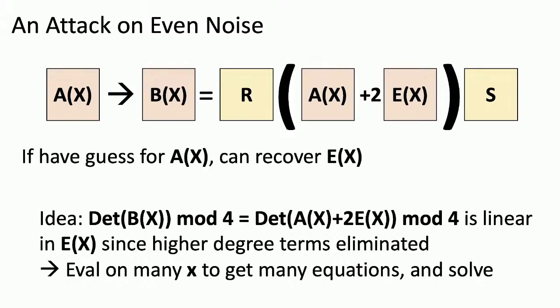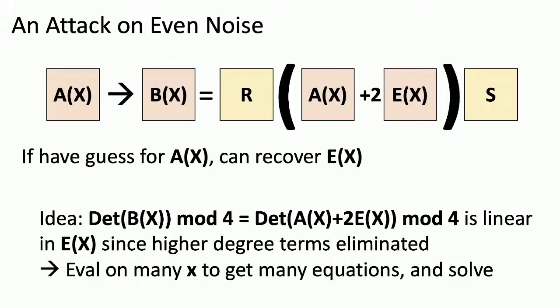So for something like I/O, you actually have a guess for what A of X is, because the A of X function is just a deterministic transformation of your function. You know what the function is, so we know what A of X is.